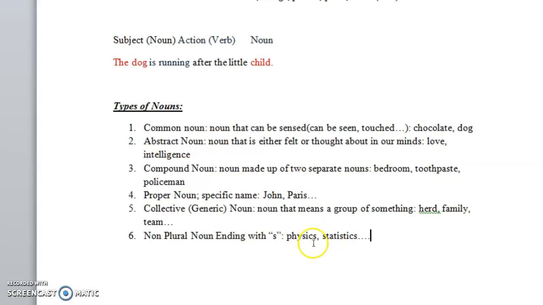These words, they are singular. They are not plural. We don't say physics are, physics is. But they have S at the end. And the S here is from the origin of the word. The word is not physic and we add S. No, it's physics. Okay?